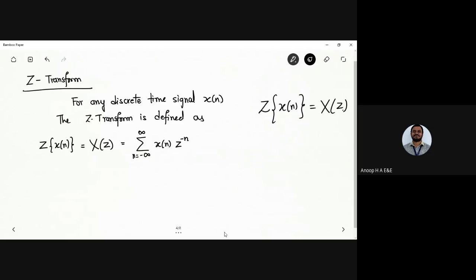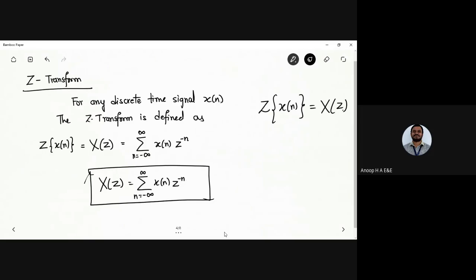So this is how I can define the Z transform, that is x of z equals sigma n equals minus infinity to plus infinity, x of n, z power minus n. So this is the Z transform expressed mathematically.